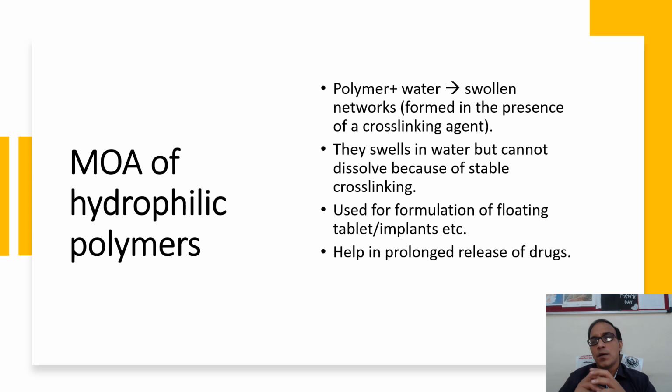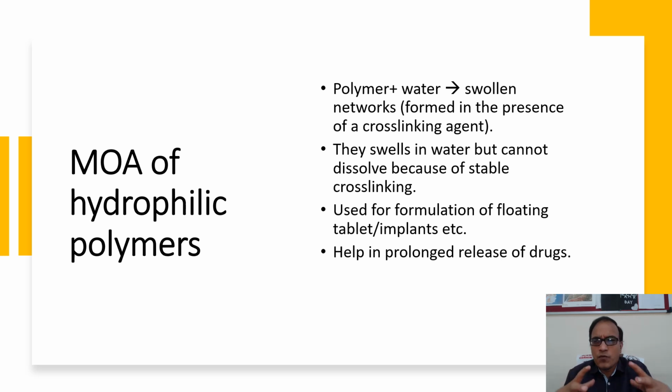Mechanism: when the polymer is dissolved in water or comes in touch with water, it swells. This water may be a biological fluid. The swollen network is formed in the presence of a cross-linking agent. They swell in water but can't dissolve because of stable cross-linking.